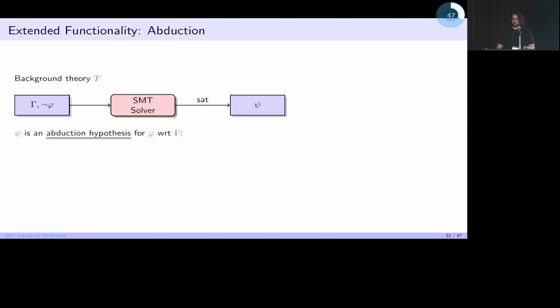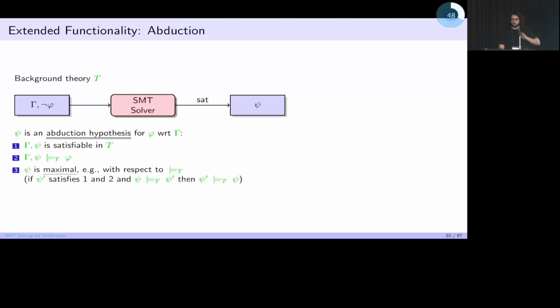All right. So similarly, you have something called abduction. There are some solvers that can generate a solution to an abduction problem, which is similar to interpolation, but slightly different. Here you have a context, which is this gamma, and then you have a goal, this phi, that you want to be entailed by gamma.